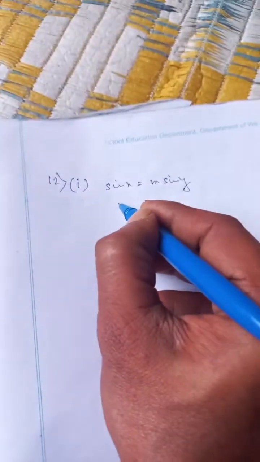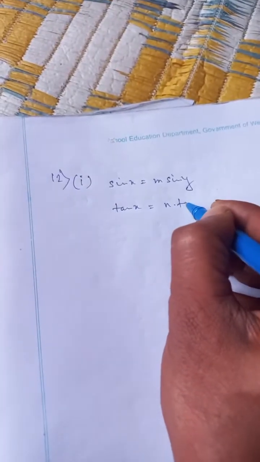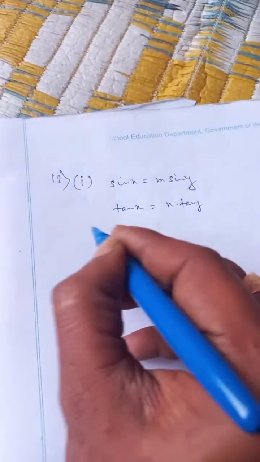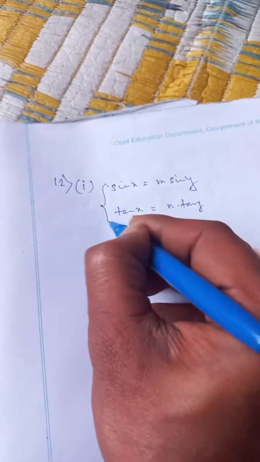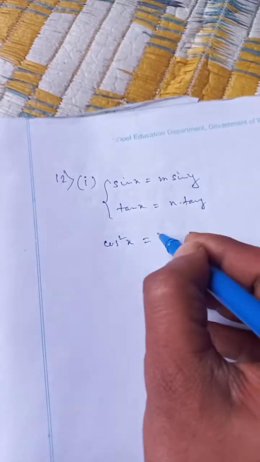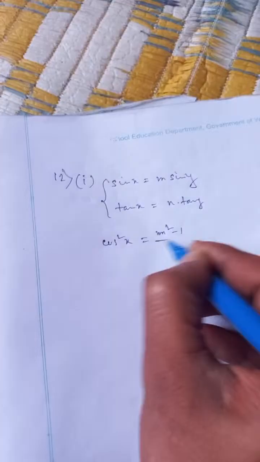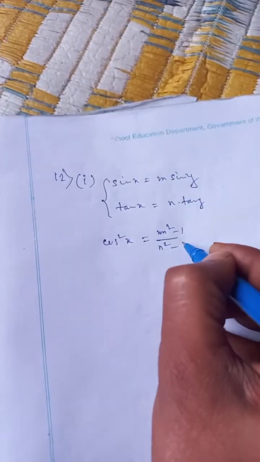This is given, and given tan x is equal to n tan y, and we have to prove by these two conditions that cos square x is equal to (m square minus 1) by (n square minus 1).